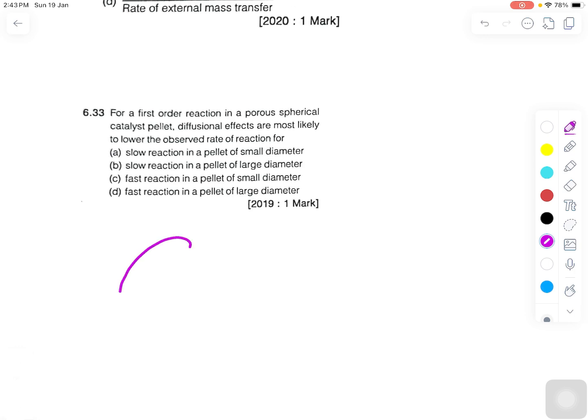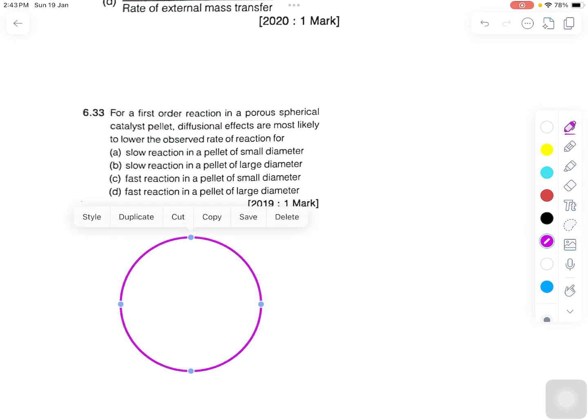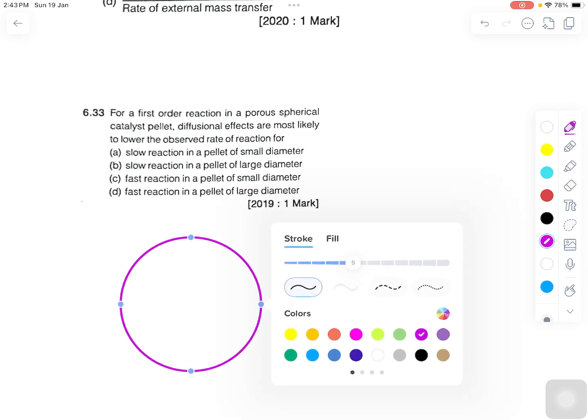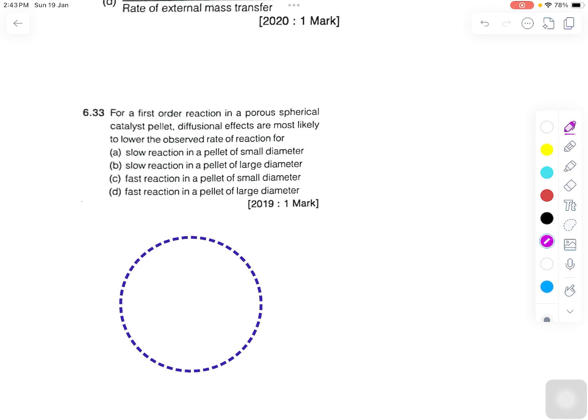catalyst. So you have a porous spherical catalyst. This spherical catalyst is given to you.